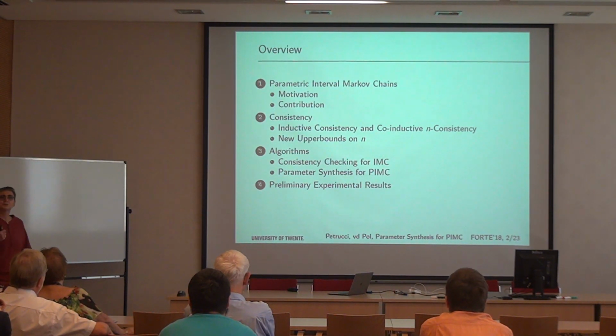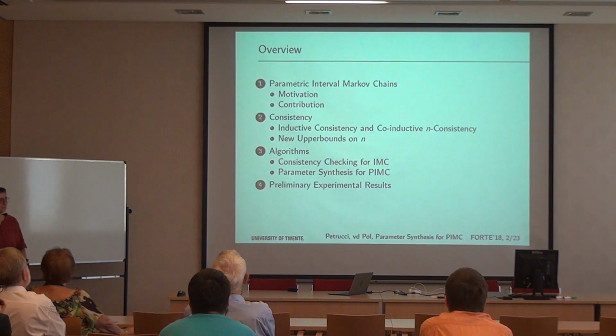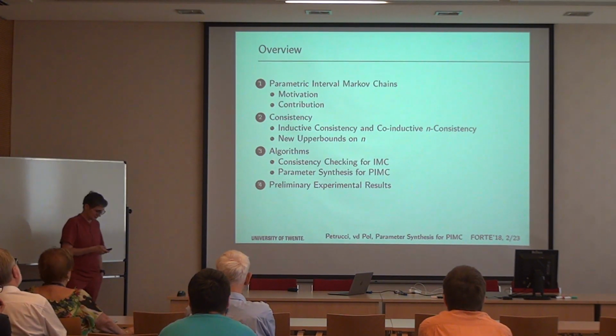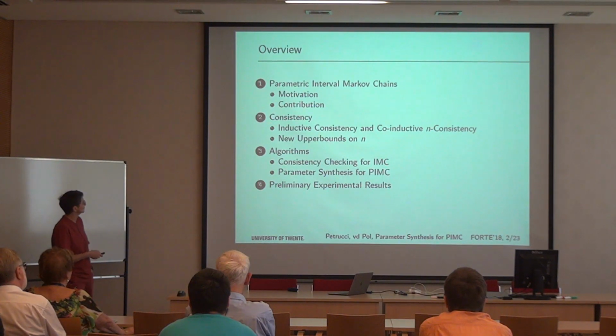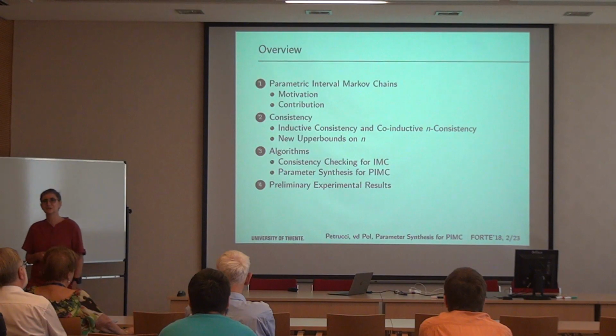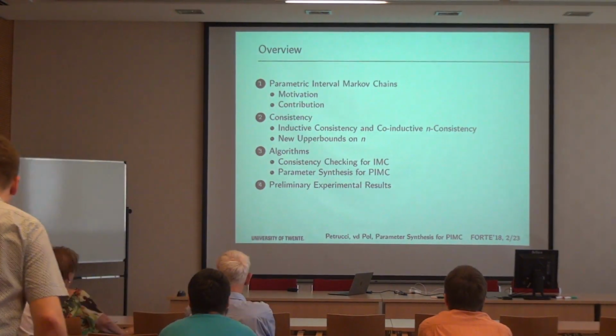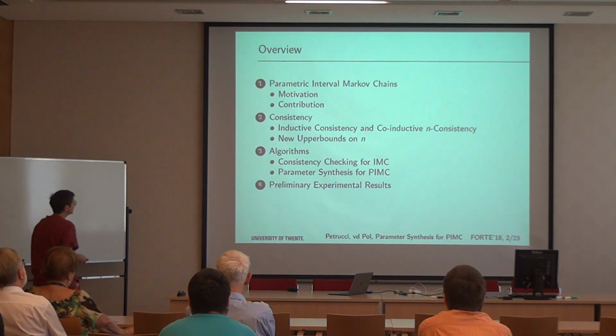That is, to obtain some formula saying that for parameters that satisfy these formulas, the result is correct. And I will give you some experimental results. They are preliminary, on some scalable examples, but not real-world examples.